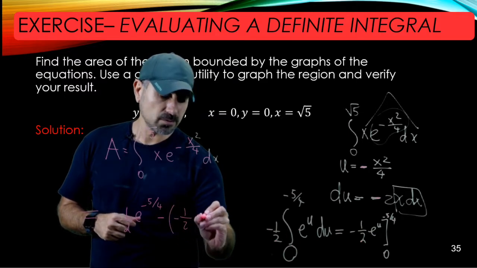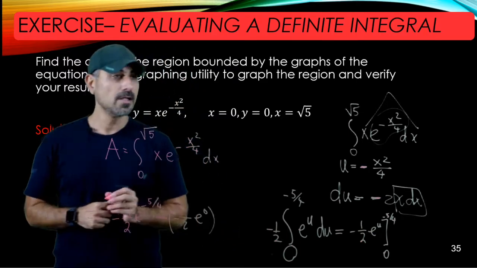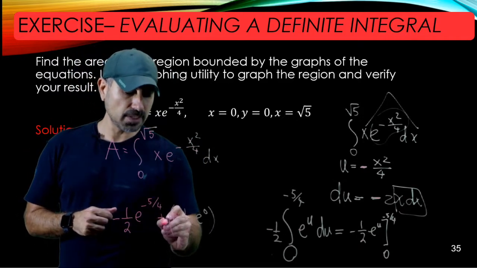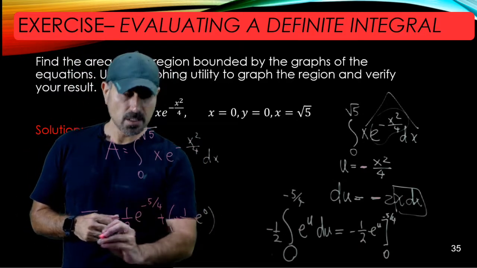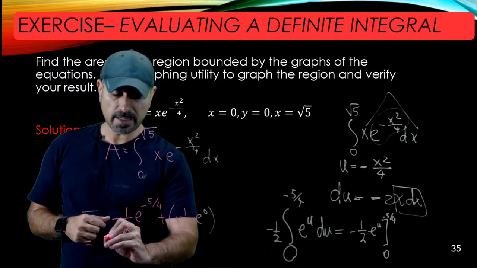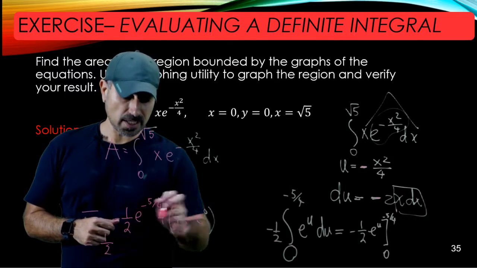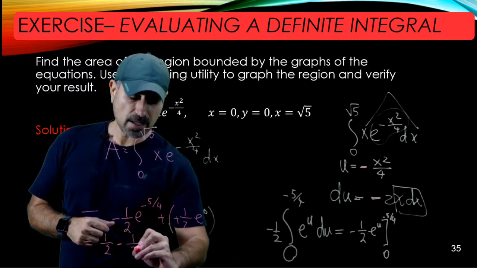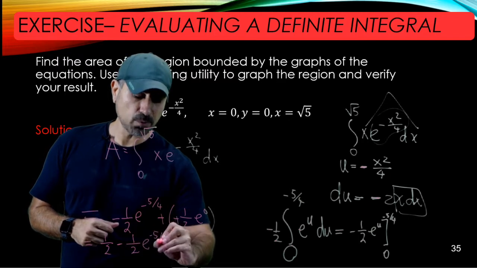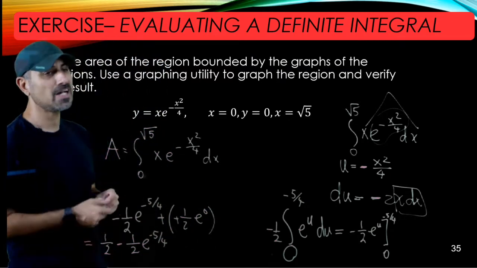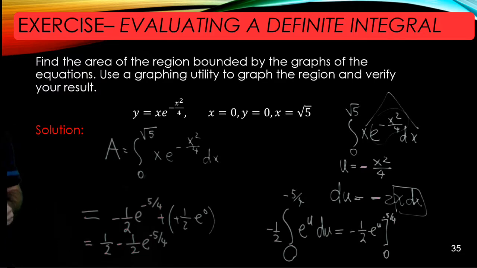So e to the 0. Okay. So minus minus becomes plus, and e to the 0 is 1. So in turn, you have 1/2, which is this guy, minus 1/2 e to the -5/4, which is exactly the same value that we found a few seconds ago.